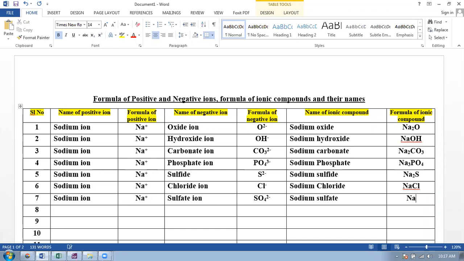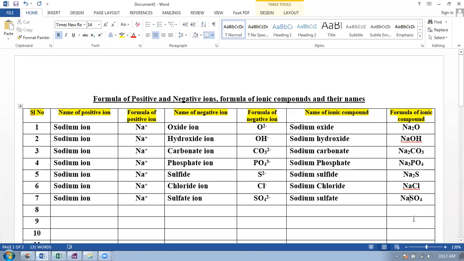So at first you write Na, then you write SO4, with the 4 written like this. So NaSO4, sodium sulfate.